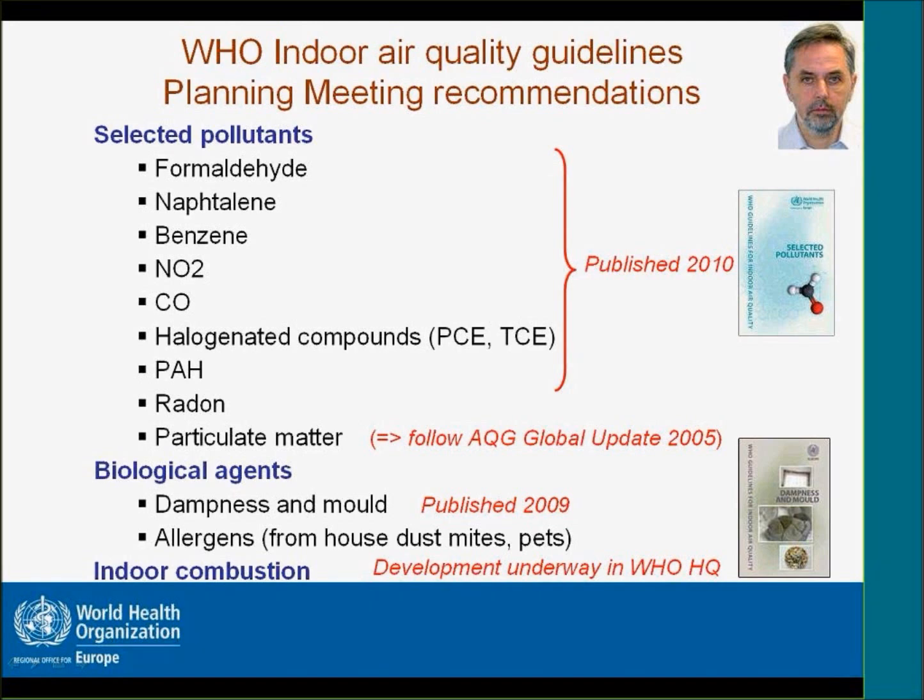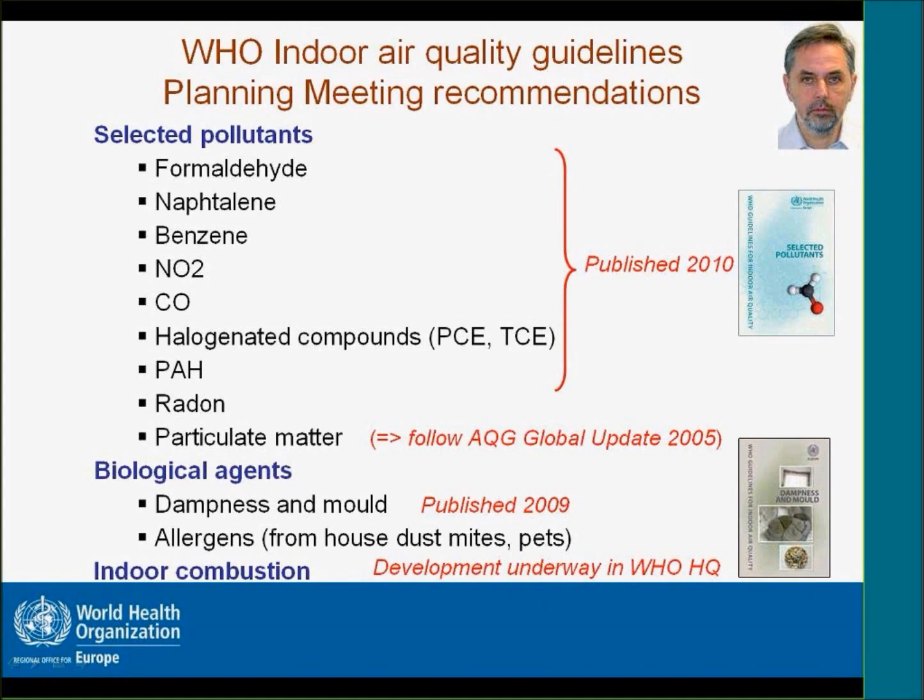So the first step in creating the indoor air quality guidelines was to ask experts how to approach this very broad subject. And the experts who met back in 2006 advised WHO to look at this problem of indoor air quality and preparation of the guidelines in three broad categories.